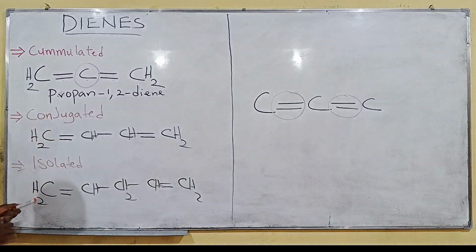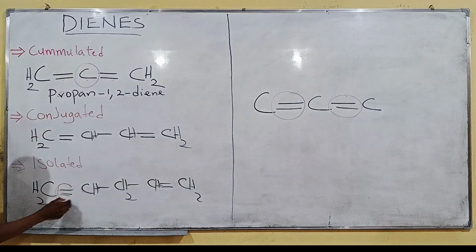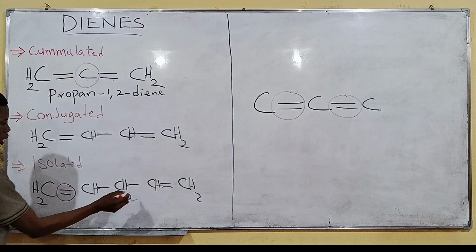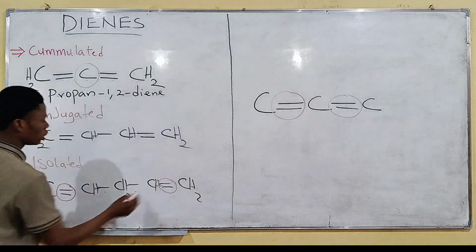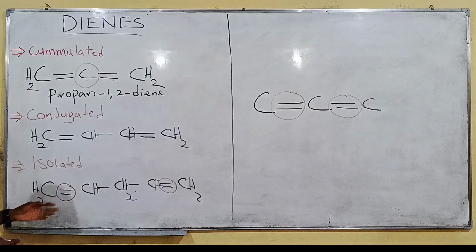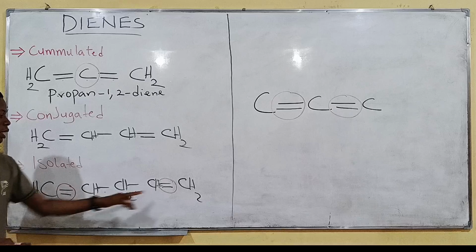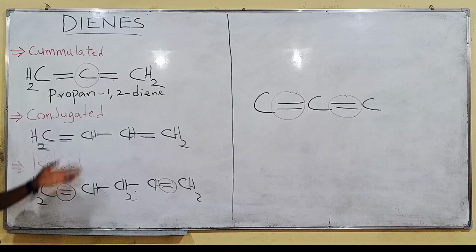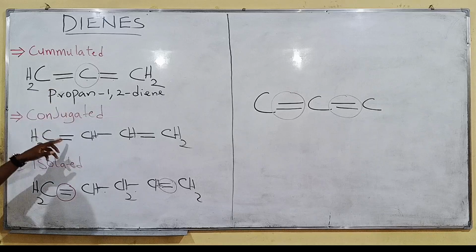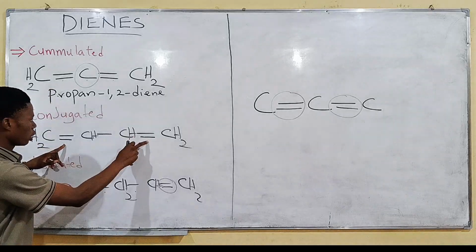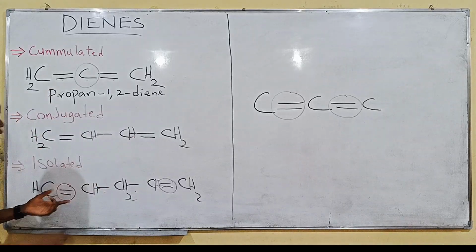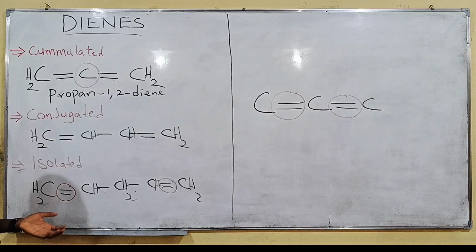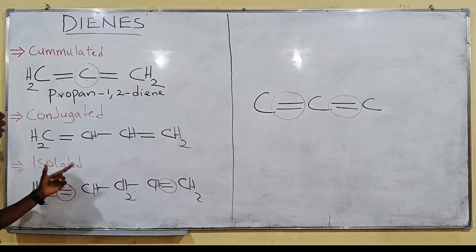If you observe very well, this is a double bond here, one single bond, another single bond, then a double bond. In this case, we say these are isolated dienes. They are isolated from each other. Do we understand? If they are together, cumulated; one single bond and another double bond, conjugated. Then if they are separated by 2 or more single bonds, isolated dienes.